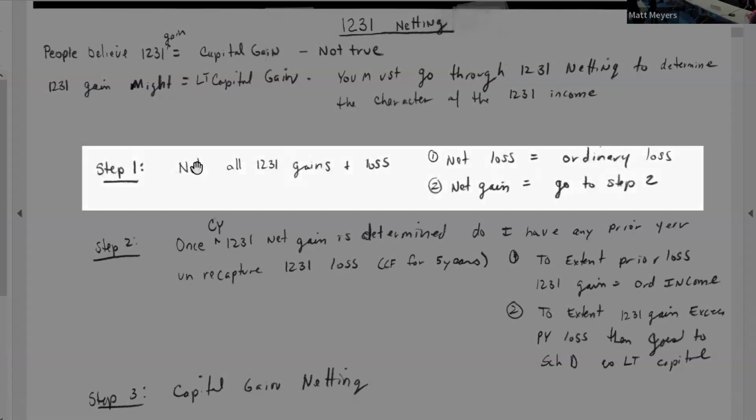It says, step 1, net all current year gains and losses. If it nets to a loss, it's B that says it's ordinary, because isn't that what you said, Chris? Yeah. It nets to a loss, it's treated as abandonment or ordinary loss. Or if it's net gain, go to step 2.